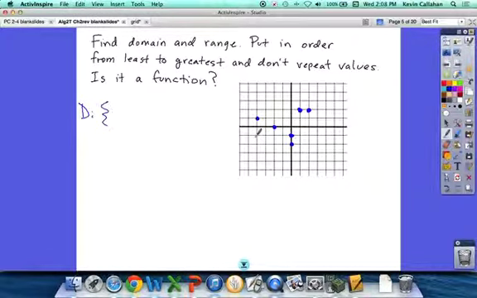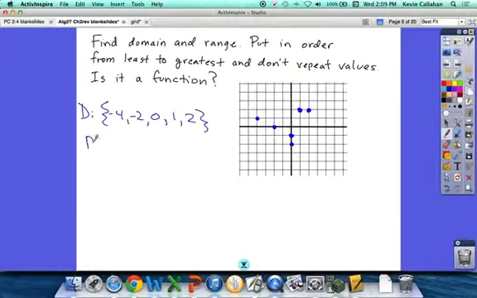So negative 4, negative 2, 0, 1, and 2, right? And the no repeat part says don't write 0 twice, even though there's 2 points at 0. So we're going to say negative 4, negative 2, 0, 1, and 2. That's the domain.